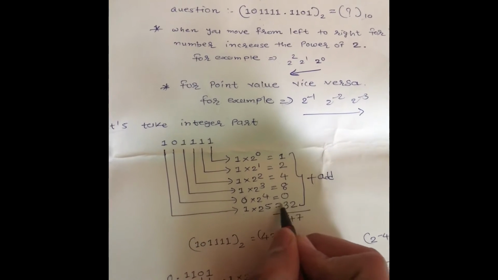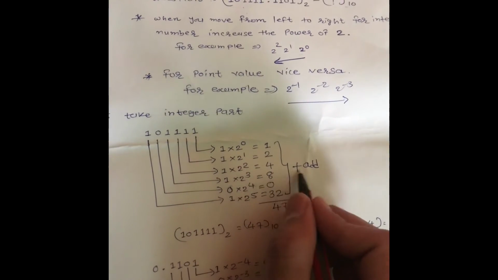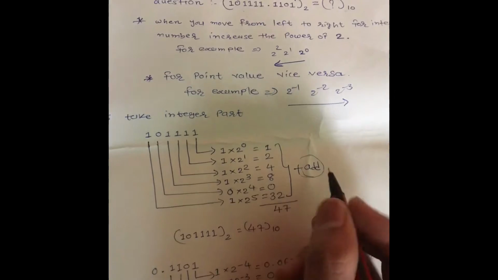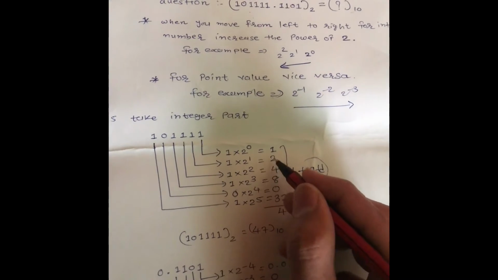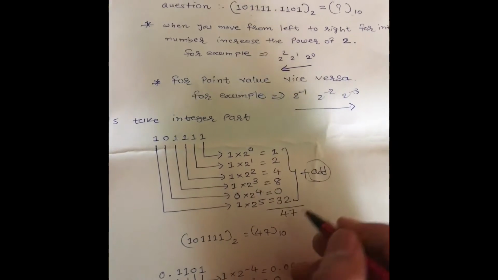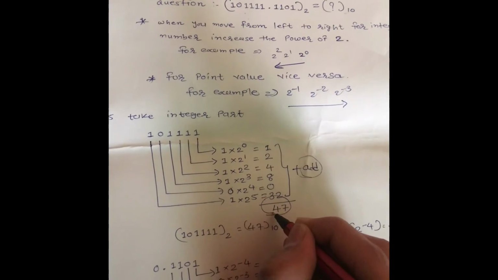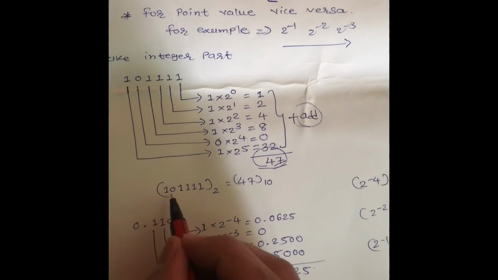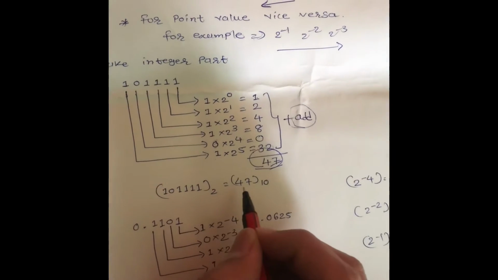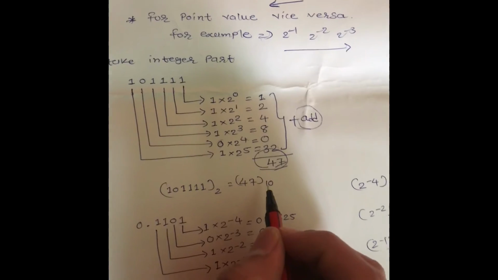You need to add them all correctly, and you will get the answer, that is equal to 47. You need to write the 47 over there. We have completed it, and our answer for the integer part is 47.